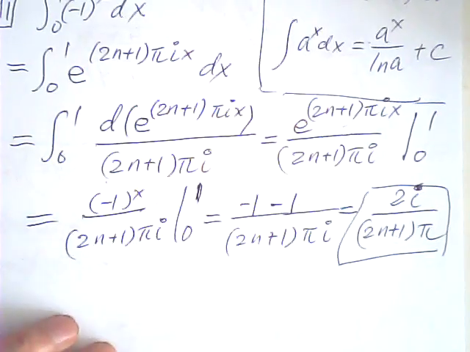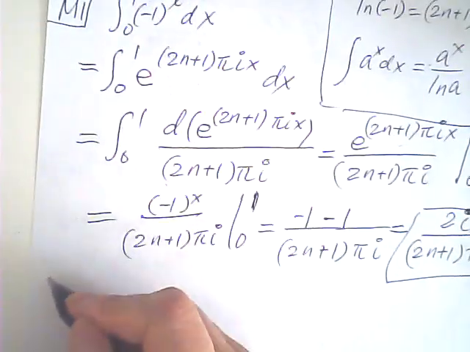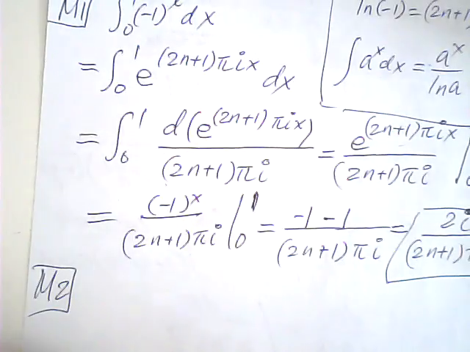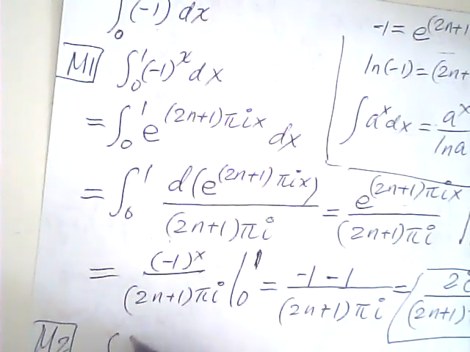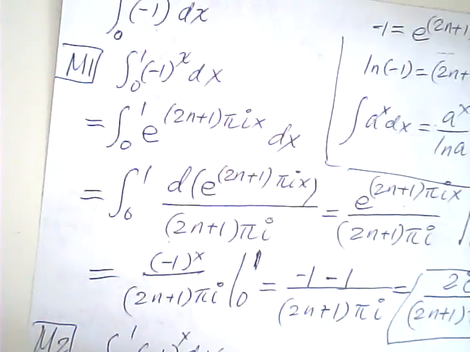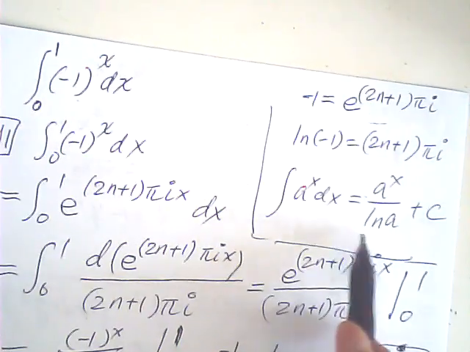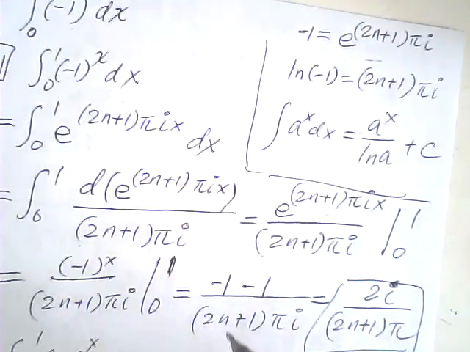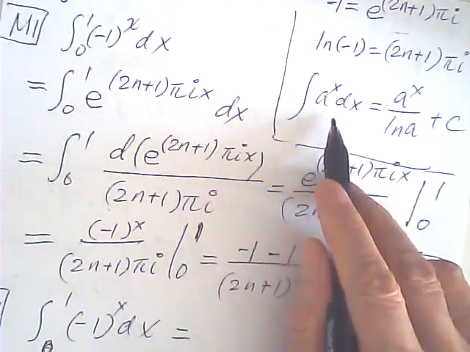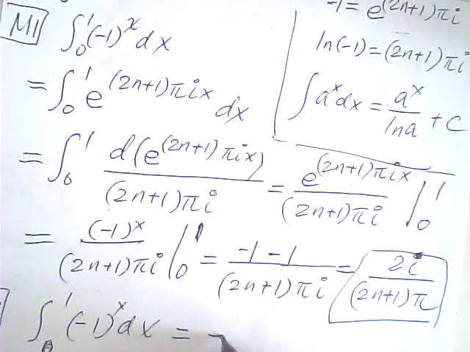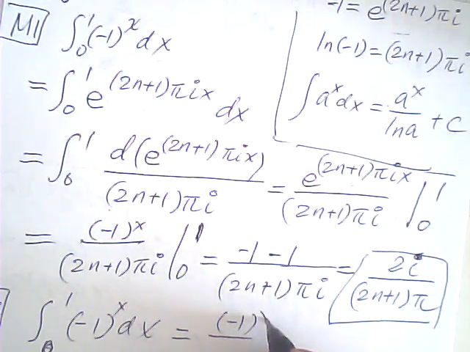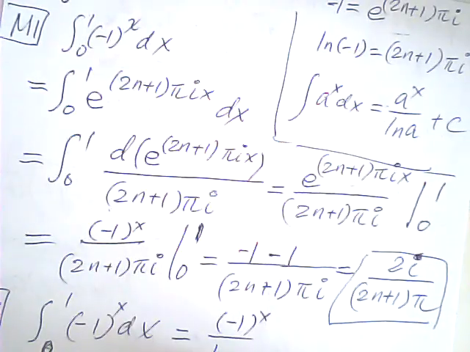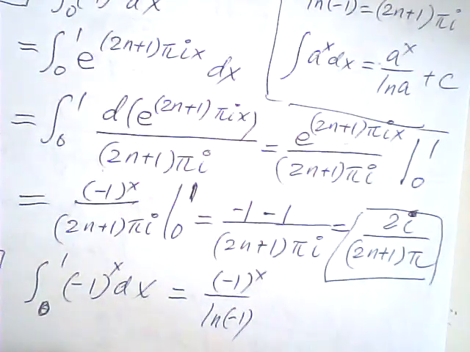Okay. Method 2. I'm using this method. So this integral is equal to negative 1 to the x over log of negative 1, plus c.